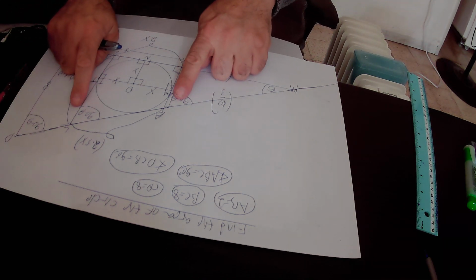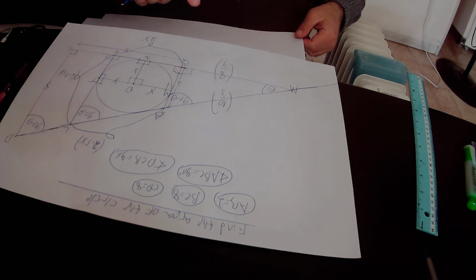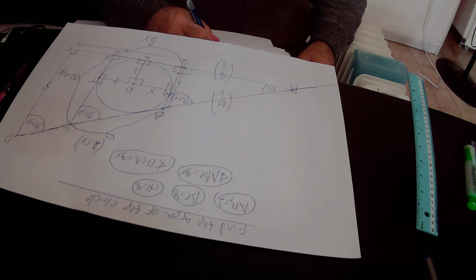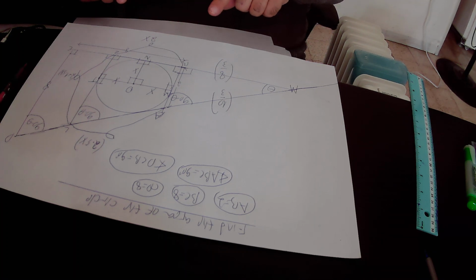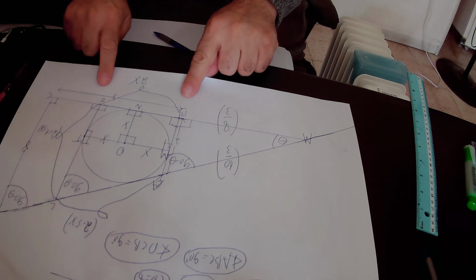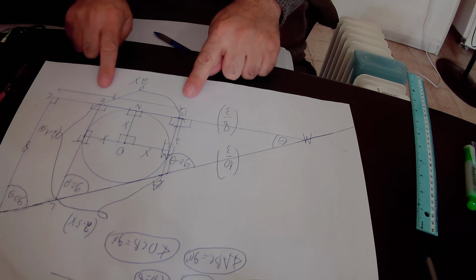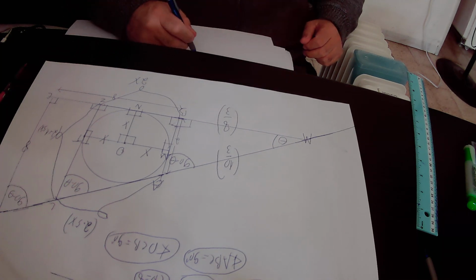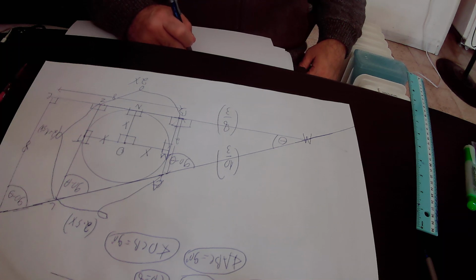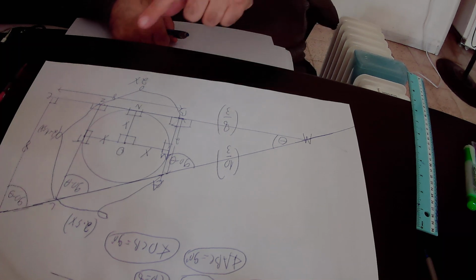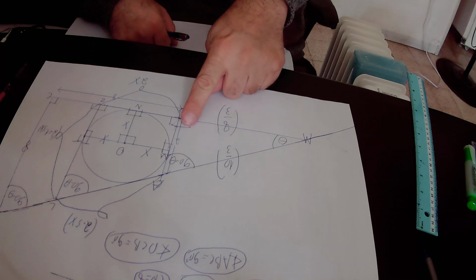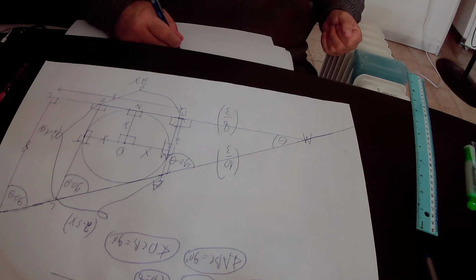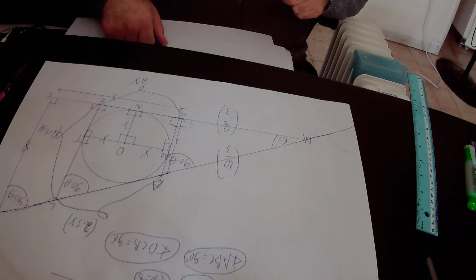The value of AL is 2.5x, therefore we'll substitute AL by 2.5x. The value of BZ here is 2x, so we substitute BZ by 2x. And it is equal to AB. AB is 2 according to what is given in the problem, therefore we substitute AB by 2, plus LZ.